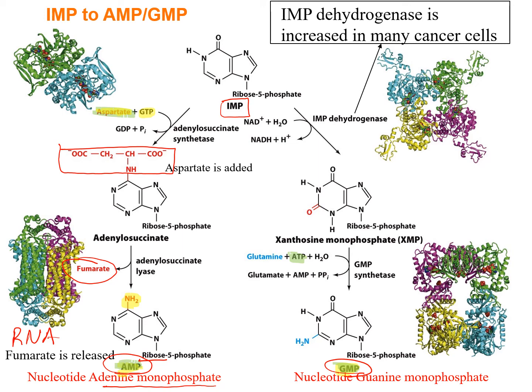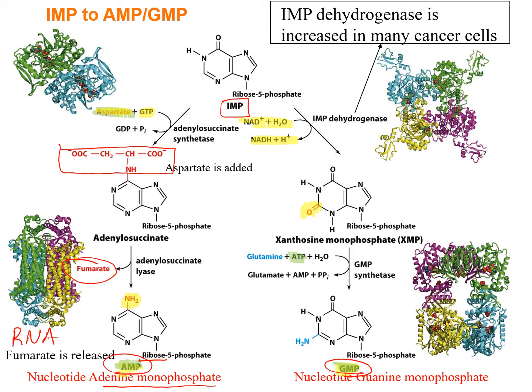Finally, let's see if the cell wants to make GMP. In order to make GMP, we have an oxidation reduction reaction where NAD plus gets reduced. In turn, we have the oxidation here of this carbon. This is called xanthosine monophosphate. We will come across this molecule later when we talk about nucleotide degradation.